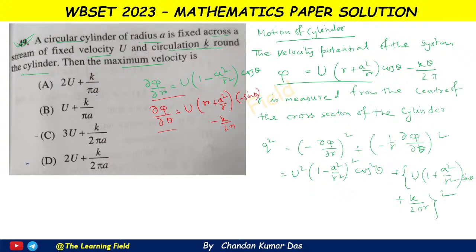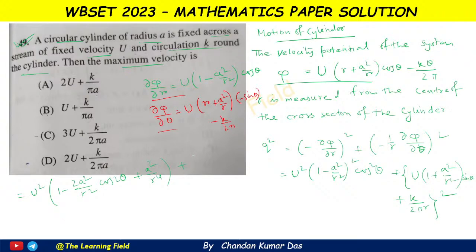So we can write this as U square into 1 minus 2a square by r square into cos of 2 theta plus a square by r to the power 4. You just check the calculations once.